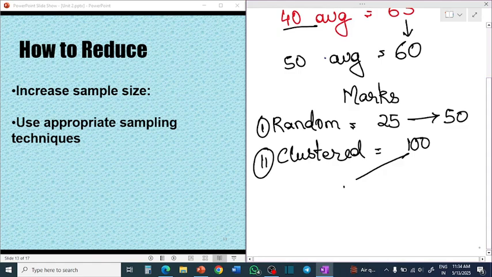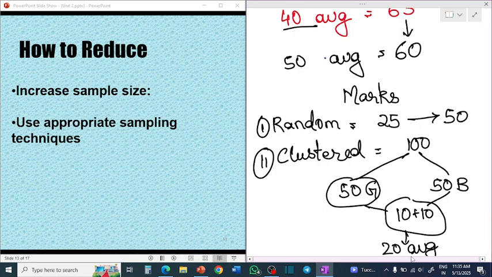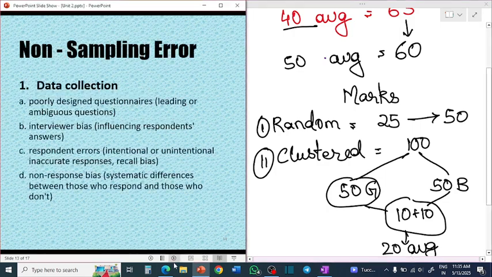Suppose you take 50 students who are good in mathematics, and then you make another section of 50 students who are bad in mathematics. From the good section you take 10 students, and from the bad section you take 10 students. After taking these, you get 20 students, and then you find out their average. So according to the condition and the situation, you have to use appropriate sampling techniques. Now we will move on to the non-sampling error.